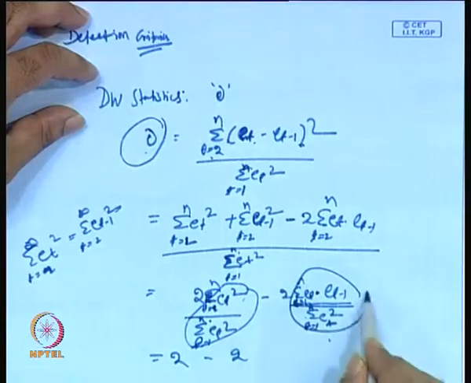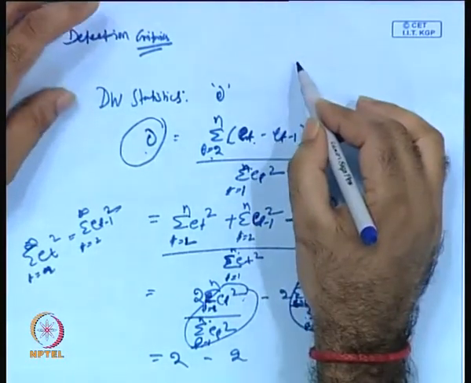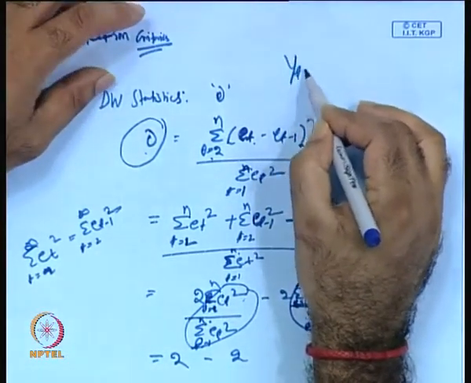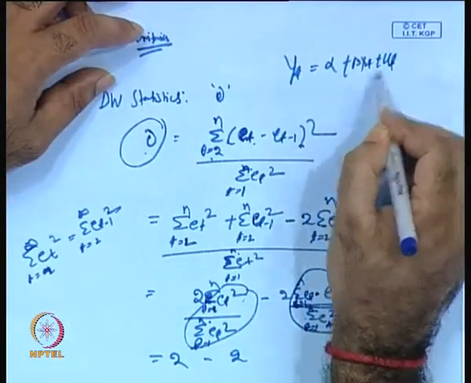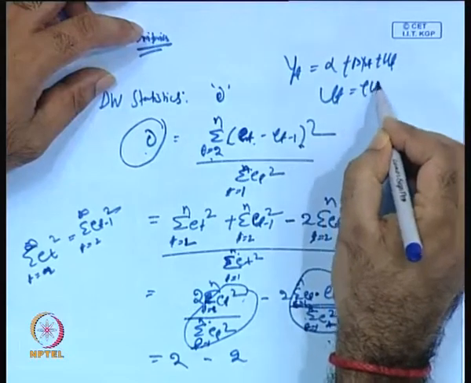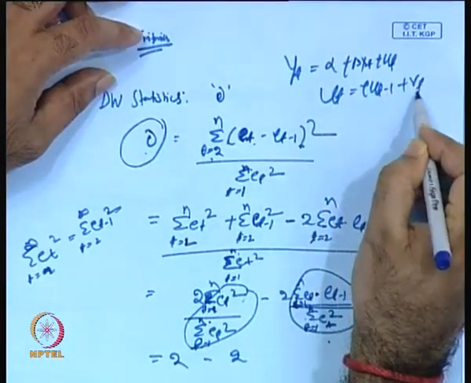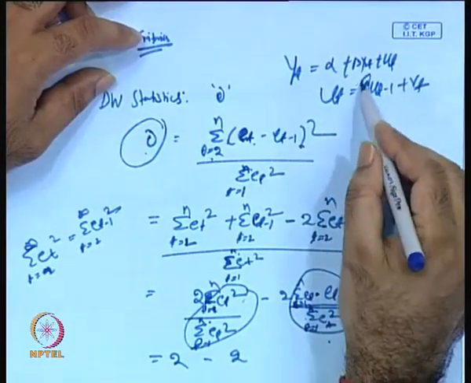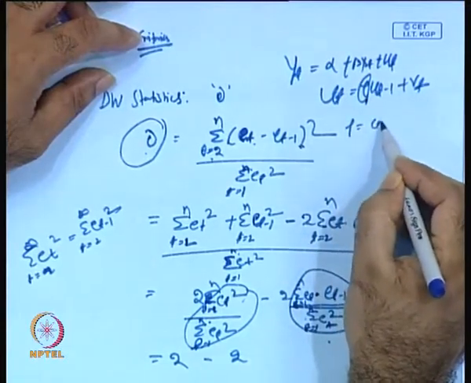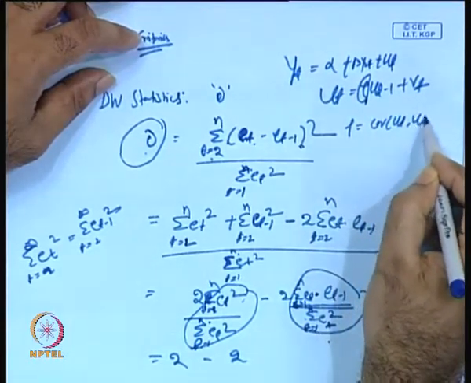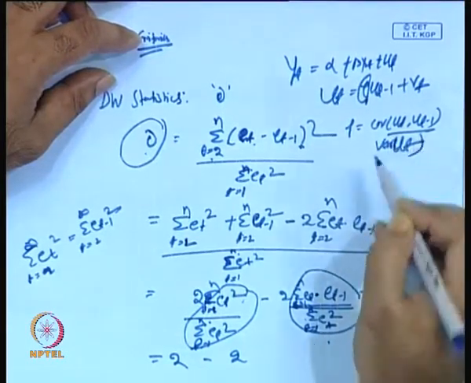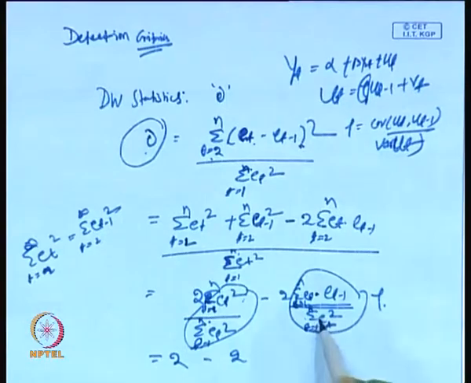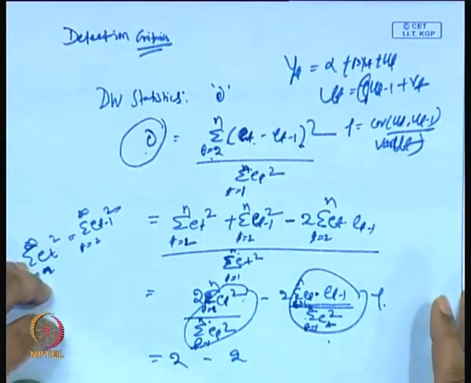This particular item is the rho component. You remember we started with y_t equal to alpha plus beta x_t plus u_t, and u_t equal to rho u_{t-1} plus v_t. So rho is the covariance of u_t and u_{t-1} divided by the variance of u_t.